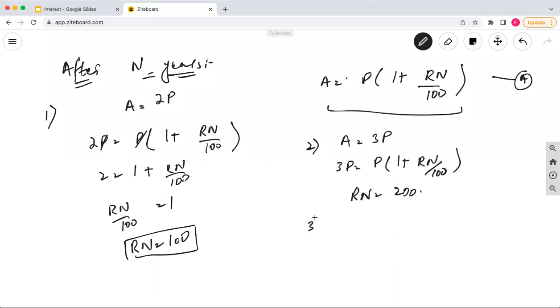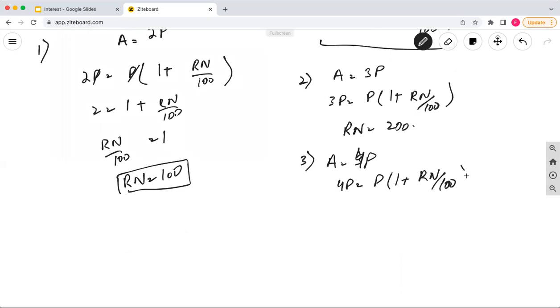And if I consider the final amount as 4 times the principal, this will be 4P is equal to P into 1 plus R1 by 100. So this will become 3 is equal to R1 by 100, and R1 is equal to 300, right?